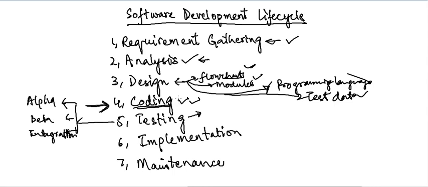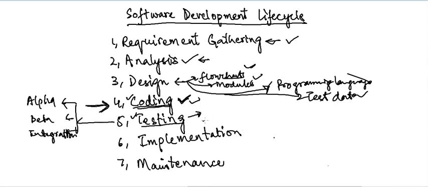So some part of testing, not all testing, but only some part, can be done in parallel with coding. And I'm telling you this because in Pert charts we are going to see that there are some stages like coding and testing which can take place in parallel.